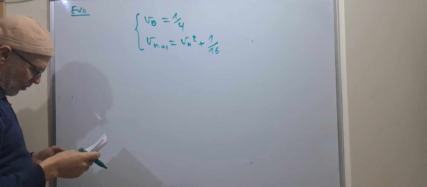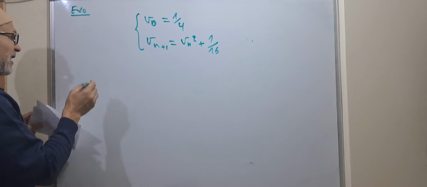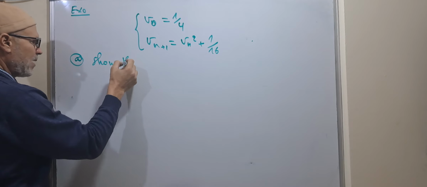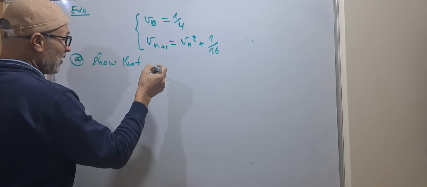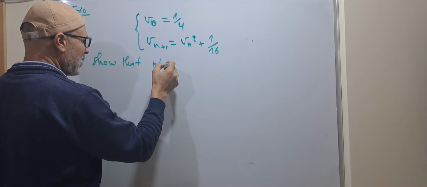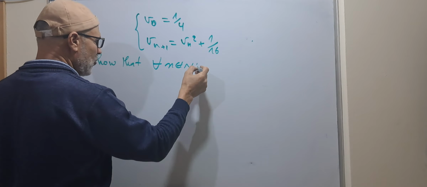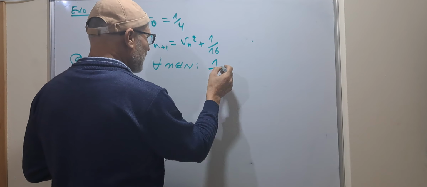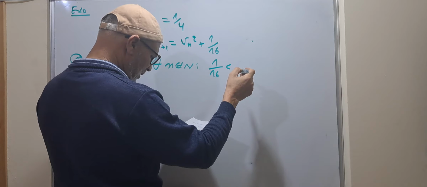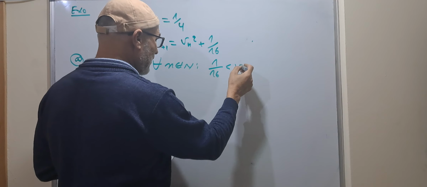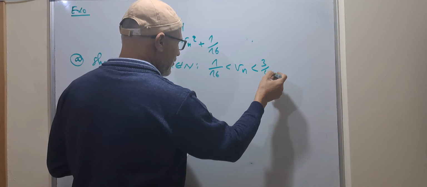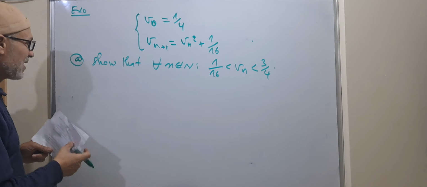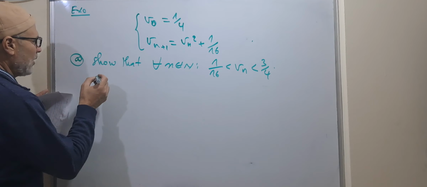The first question, show that for all n in N, one has 1/16 strictly less than Vn, which is strictly less than 3/4.